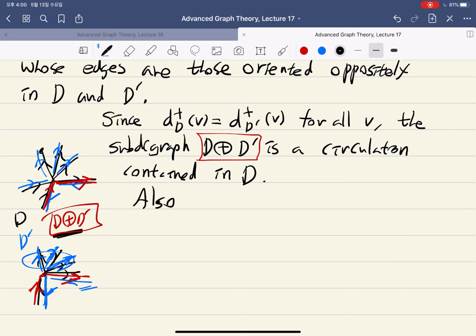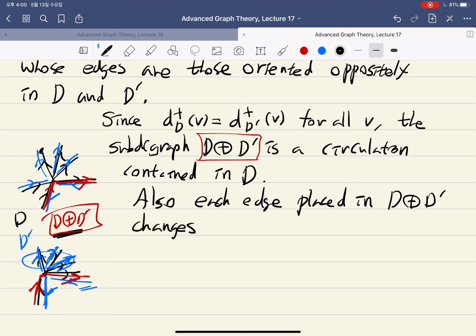Also, each edge placed in this changes the parity of the number of decreasing edges.